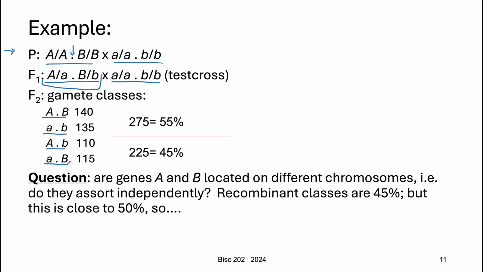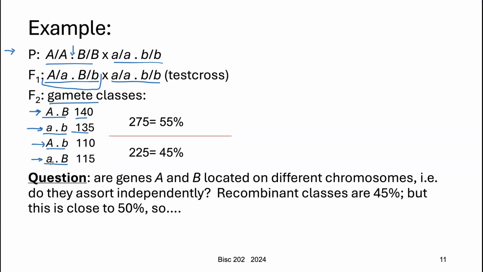So when we look at the progeny, we can consider these to tell us what the gametes were, in the F2. Dominant for both alleles, 140 of them; recessive for both, 135; dominant for A but recessive for B, 110; and the other way around, recessive for A and dominant for B, 115.